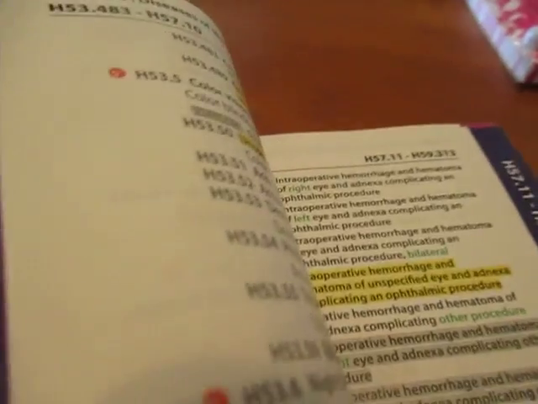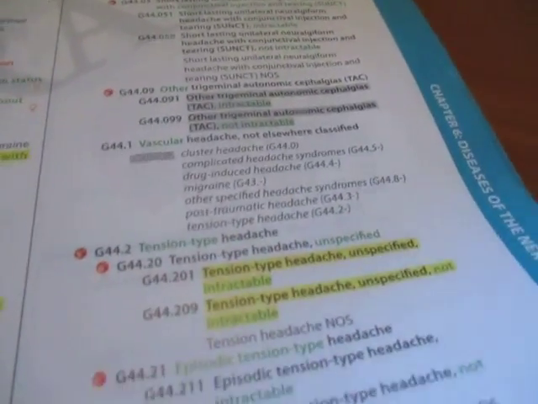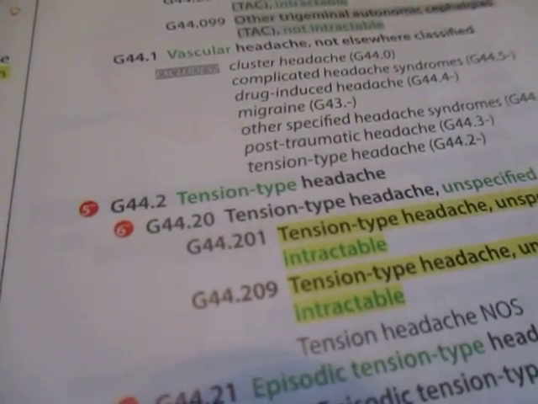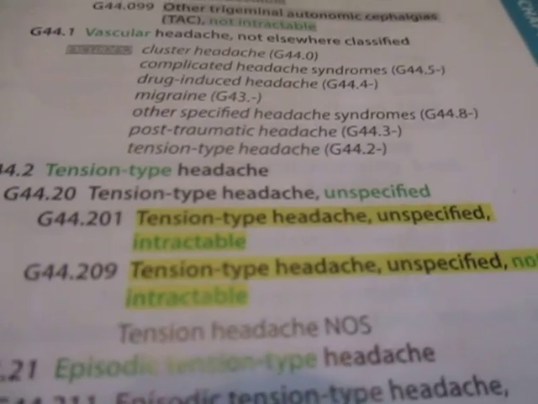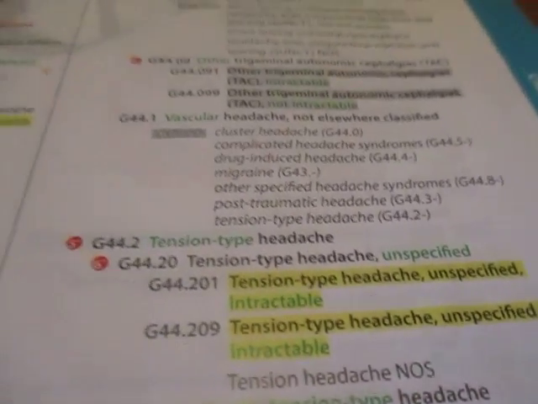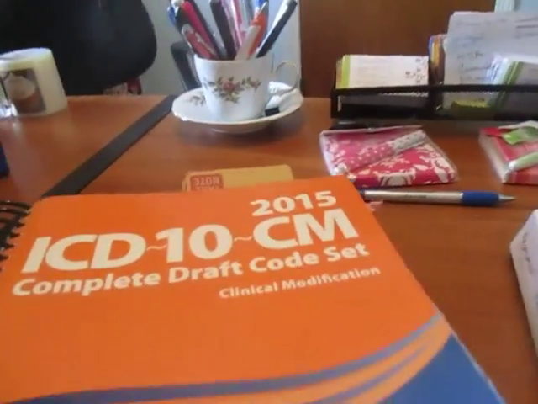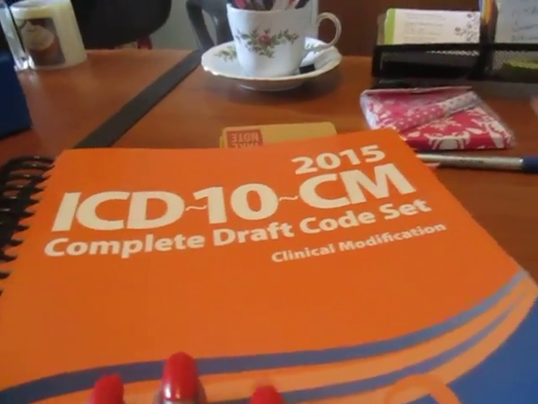So if I look up G44.209, go back to my tabular, and at the top of the page I'm looking for G44. The G44 category is tension headache, and 209 is tension headache. So again, that is ICD-10-CM, and this is used for diagnoses.